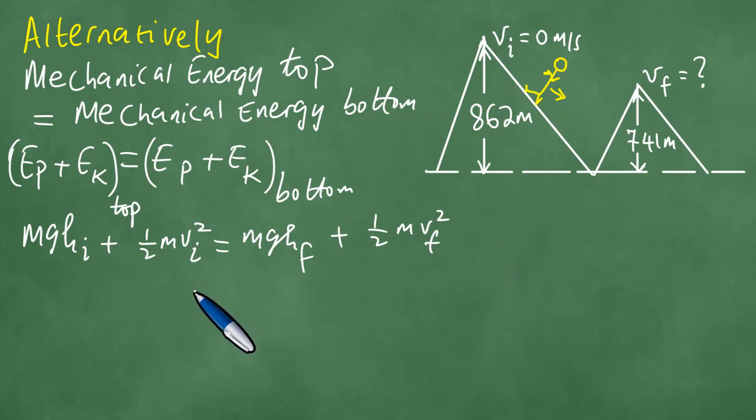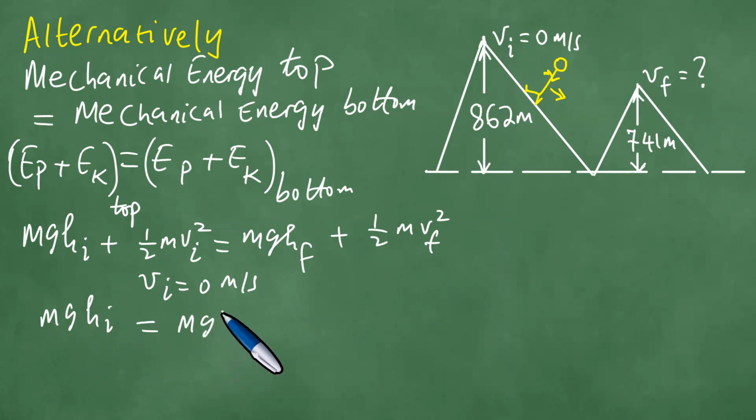So that at the initial point, at the starting point, the initial velocity is 0 meters per second. And that means therefore this term is going to vanish, leaving us with mgh initial equals mgh final plus half mvf squared.